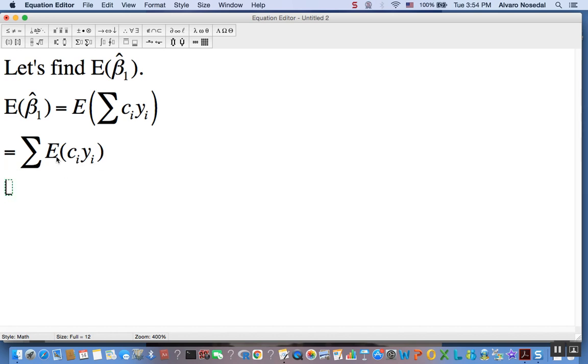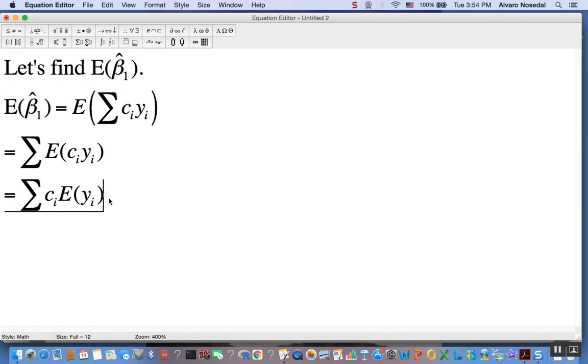Now we have the expected value of a constant times a random variable yi, so we get to pull out that constant. So that's the same as the sum of ci times expected value of yi.